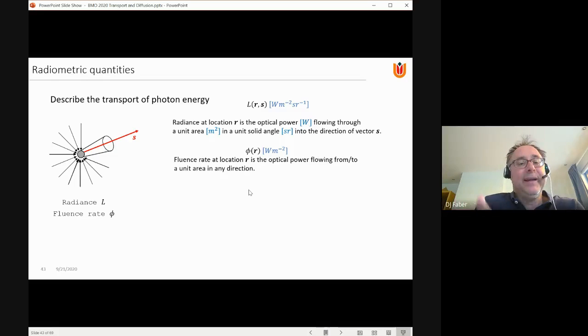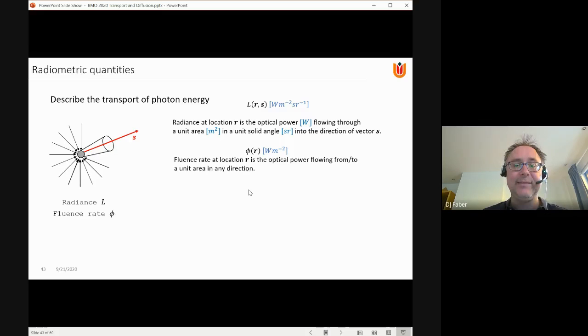Then if we integrate, still inside this test area inside the tissue, all the power over the whole solid angle, so over 4 pi solid angle, we get another quantity called the fluence rate. Because we performed an integration over steradian, that unit drops out. So the units of fluence rate are again, familiarly, watts per square meter.